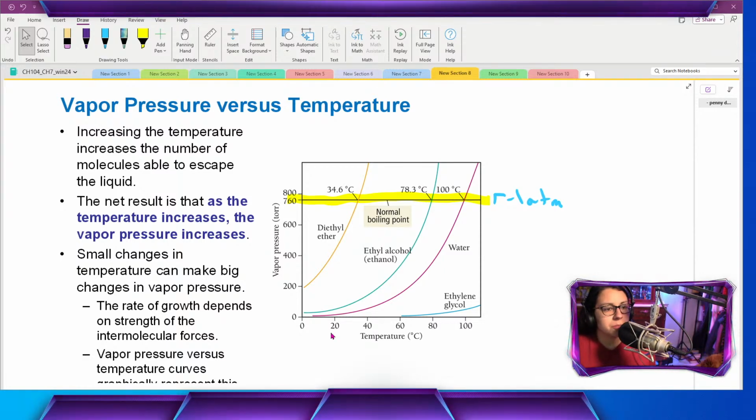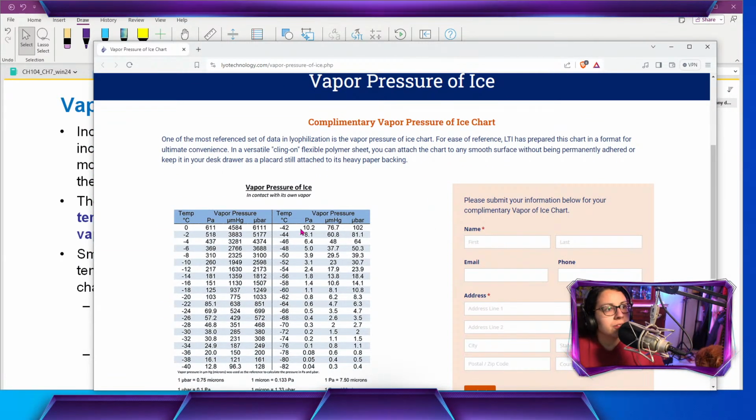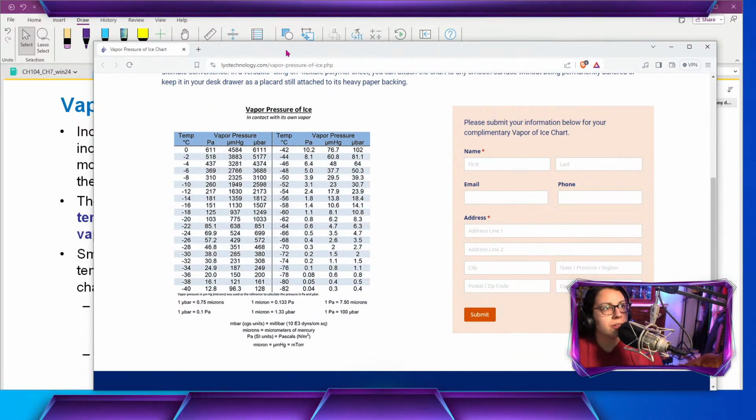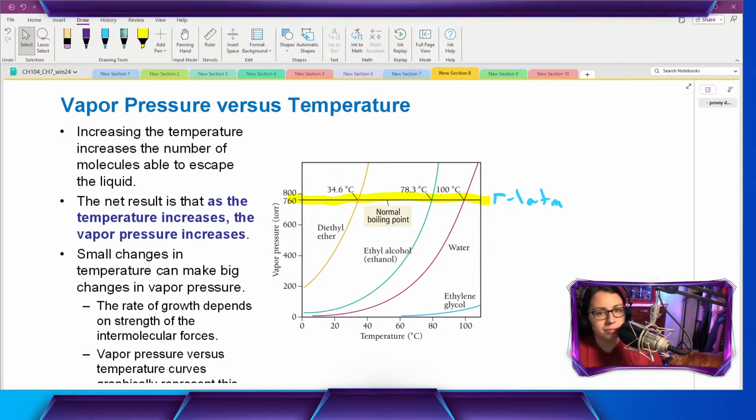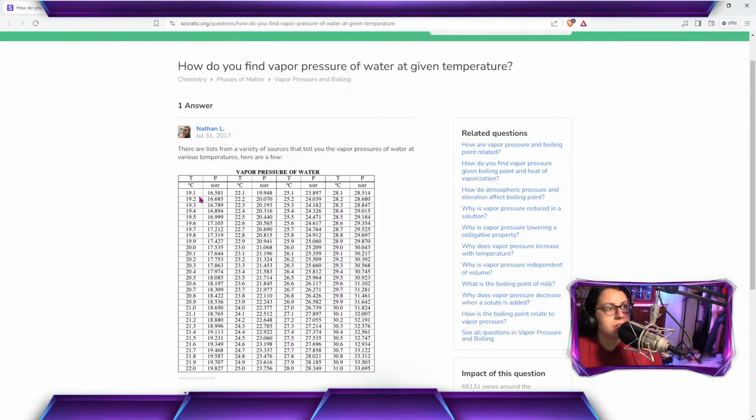So I wanted to pull up this other chart. Now this is showing us the vapor pressure of ice, although I actually wanted water. That's not what I wanted. Here we go, this is a better chart. This is a chart that correlates the vapor pressure of water with temperature.